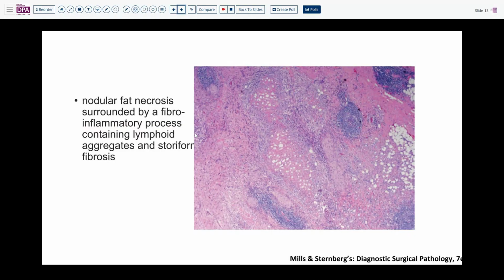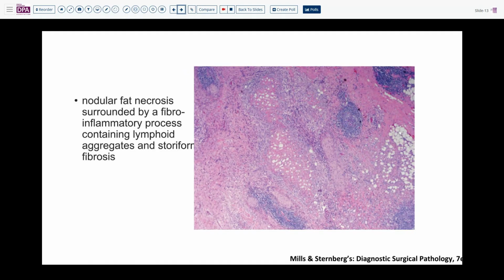In the microscopic finding, we can see this nodular formation with fat necrosis inside. Surrounding the necrosis, we can see this spindle proliferation of fibroblasts. This is fibroblast because we can see some collagen bundles between the cells, but with this resolution of the image, you just could not tell. The fat necrosis is really characteristic, and also we can see some lymphoid aggregation around.